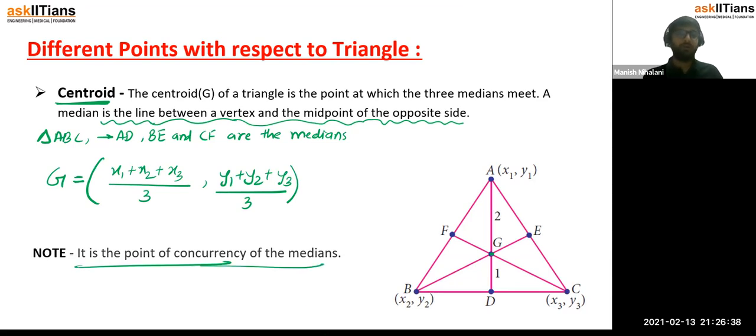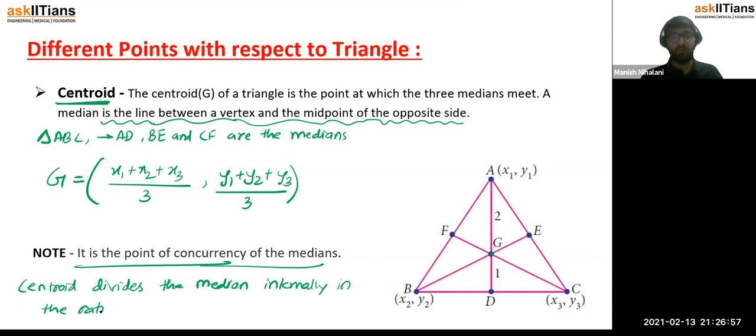One more important thing to note is that the centroid divides the median internally in the ratio 2 is to 1. If you look at the figure here, AG by GD is always 2 by 1.